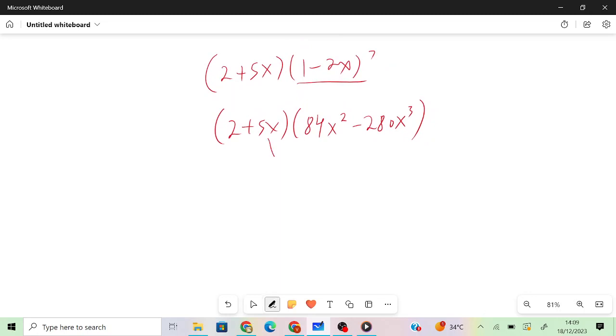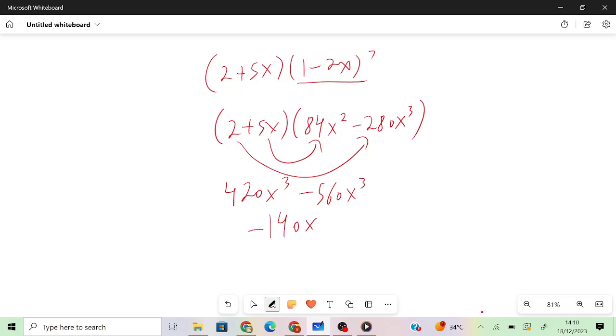So if I multiply 5x with 84x squared here, I get 420x cubed, and if I multiply 2 with minus 280x cubed here, I get minus 560x cubed, and I can just simply do the subtraction here.